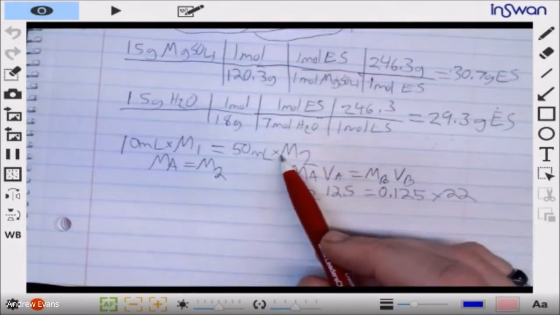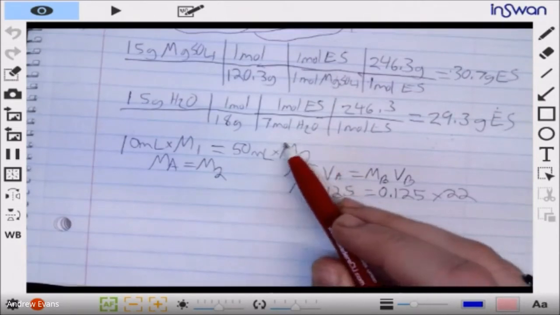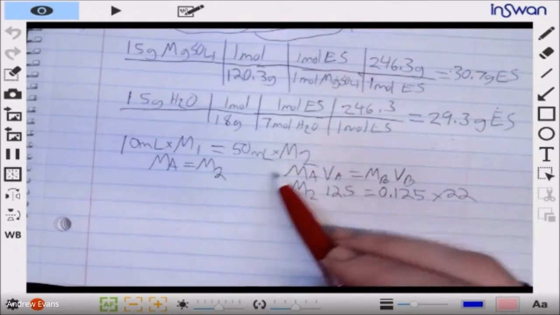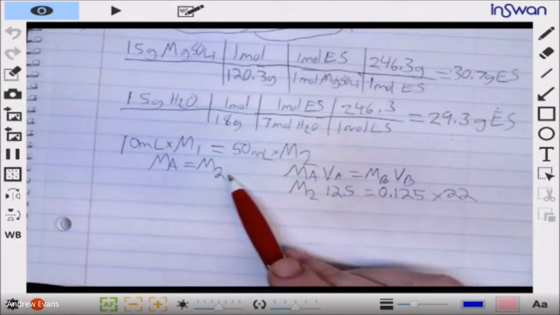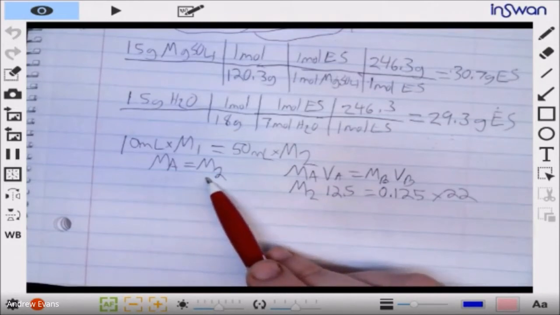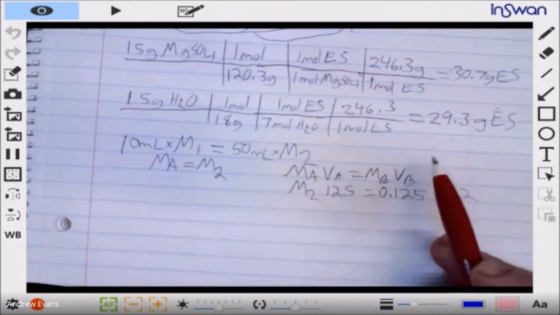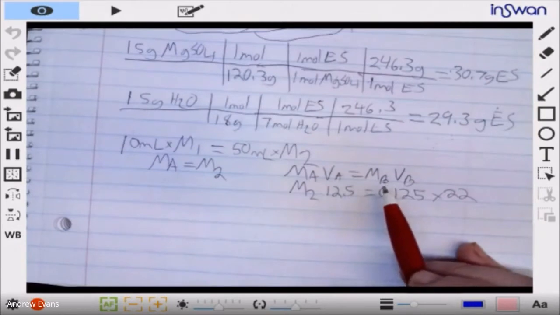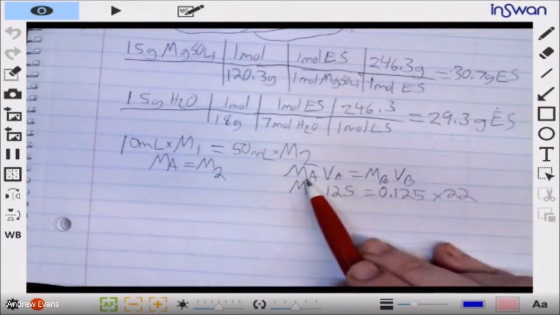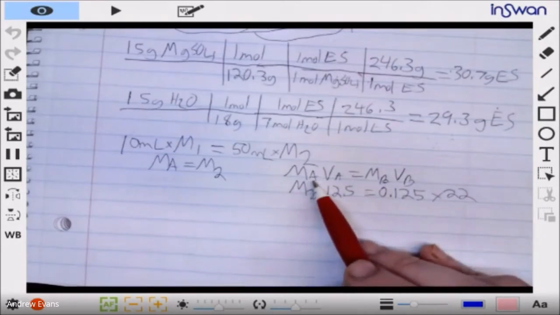Because of that, that's going to be our M2. That's our dilute vinegar. Now, the dilute vinegar is going to be titrated, so we're going to call M2 also equal to MA. The other equation is MAVA equals MBVB. The idea is that at the equivalence point, when acid and base are equal, the moles of acid are equal to the moles of base. If I know the moles of base, I can thus know the moles of acid and figure out the molarity.